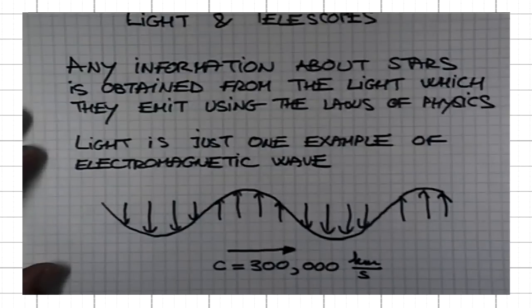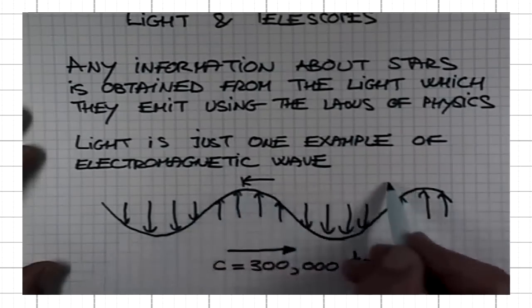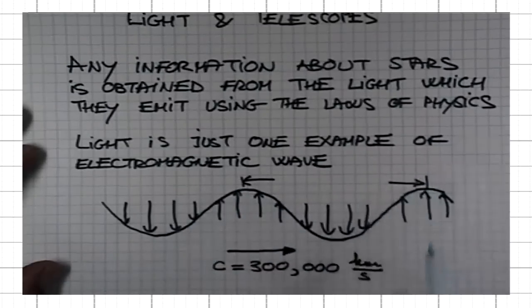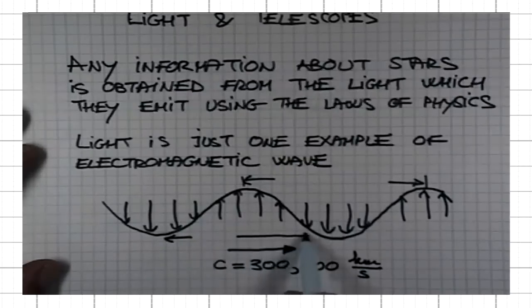But what characterizes any wave is its wavelength. It's the distance between two successive maxima of the wave, or equivalently the distance between two successive troughs in the wave.